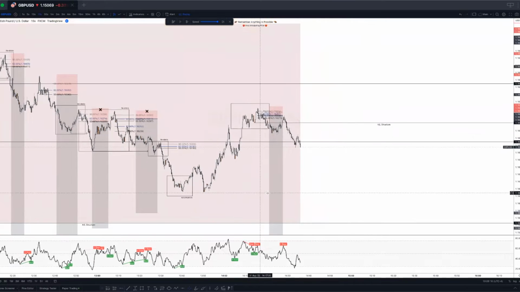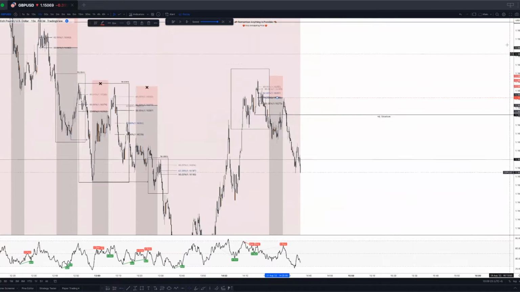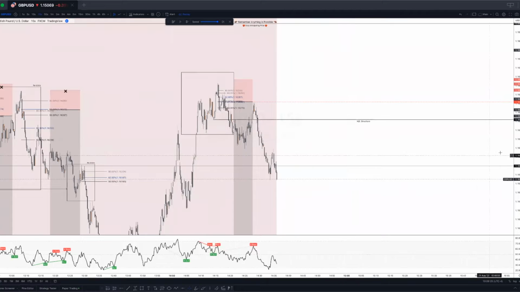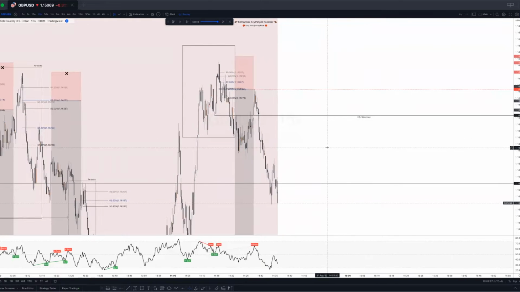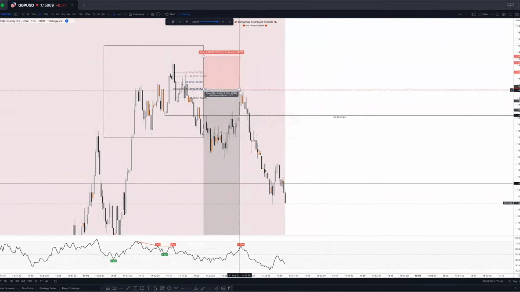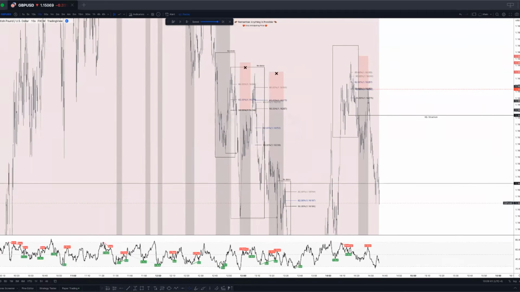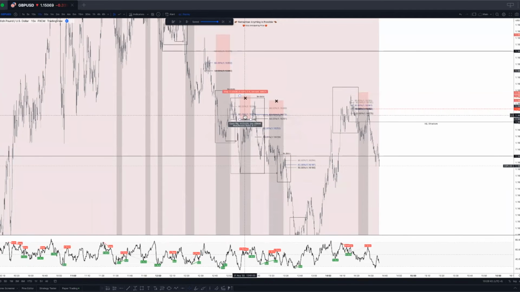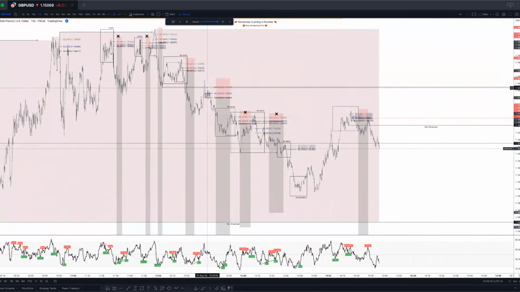So right now we are at reduced risk. Actually, we might as well be at break even. So we are break even here. It did tap us in, so we are break even on this trade. Lost that one. This one never got tapped in.